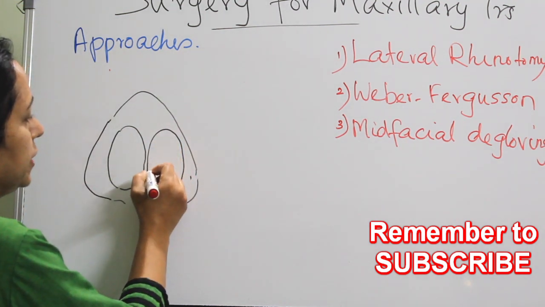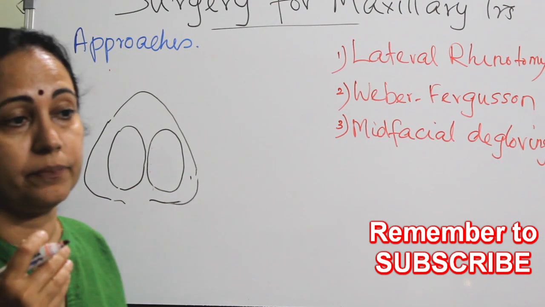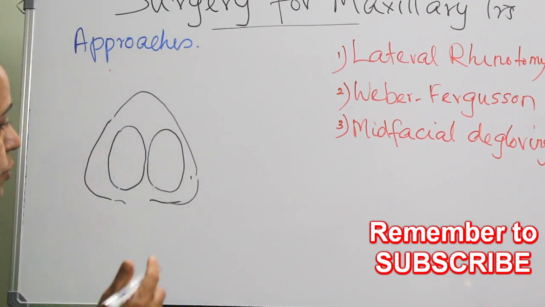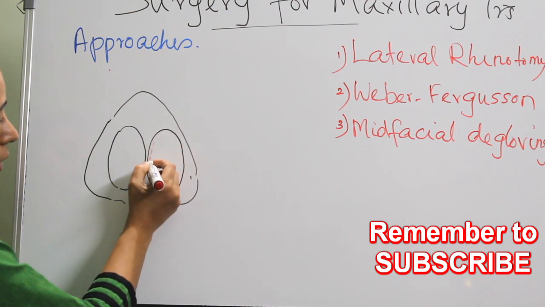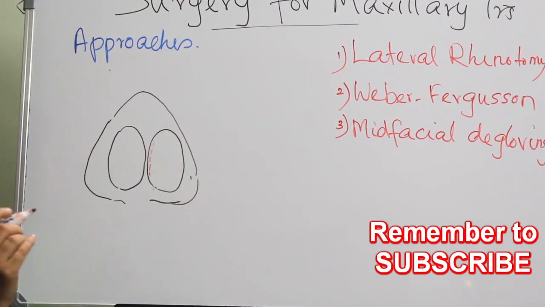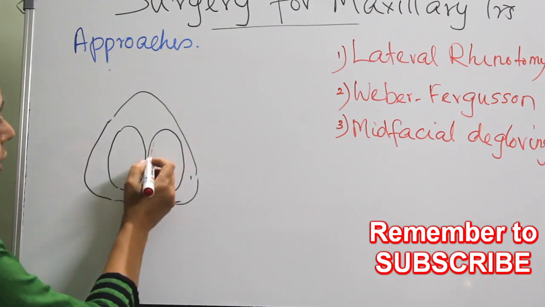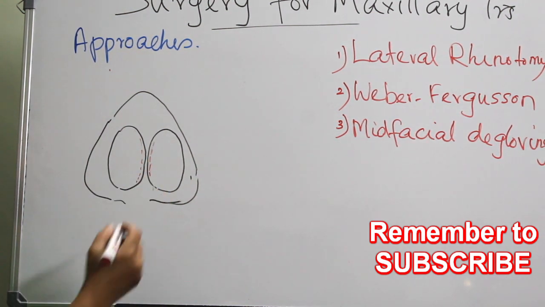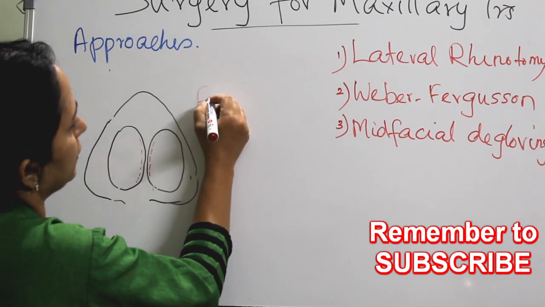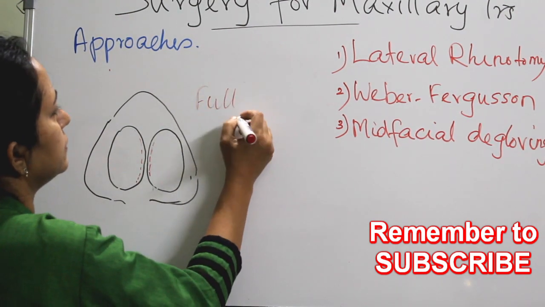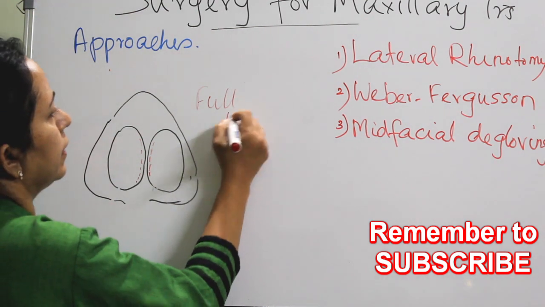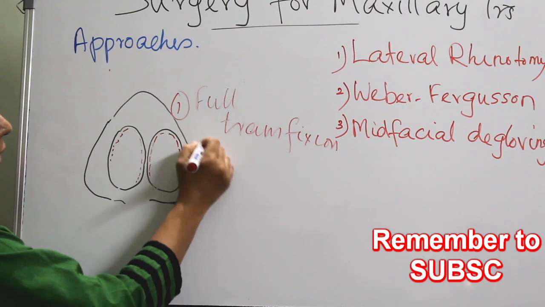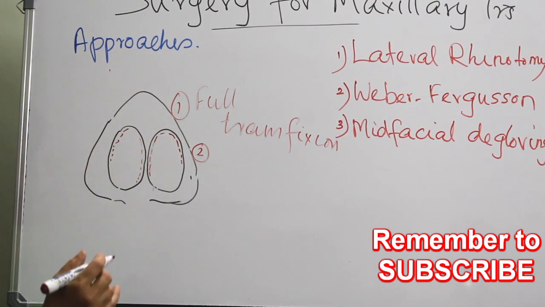The one we put is as we put hemi-transfixion incisions for septoplasty, isn't it? So here, at the caudal end of septum, we put the hemi-transfixion incision. If it is carried out on both sides, it becomes a full transfixion incision or a complete transfixion incision, and that is combined with an intercartilaginous incision.